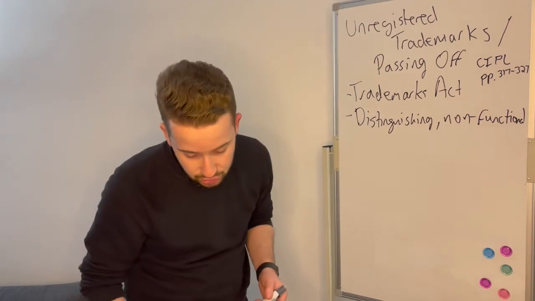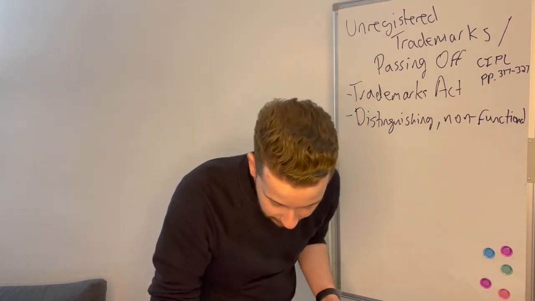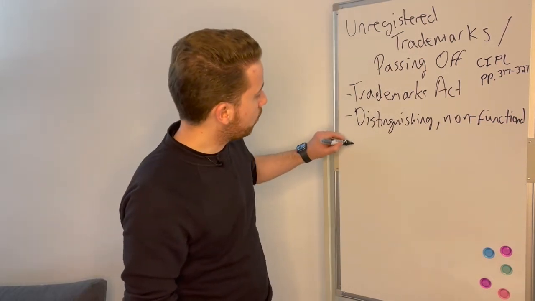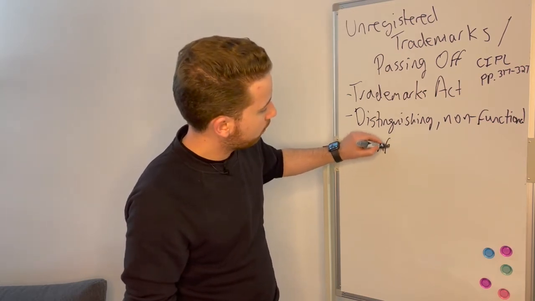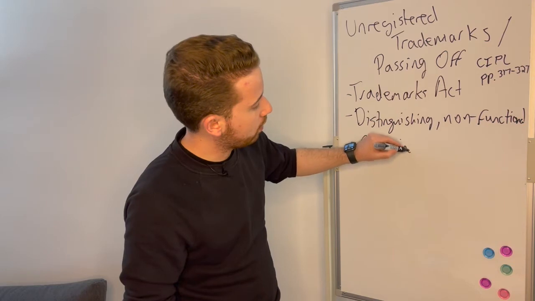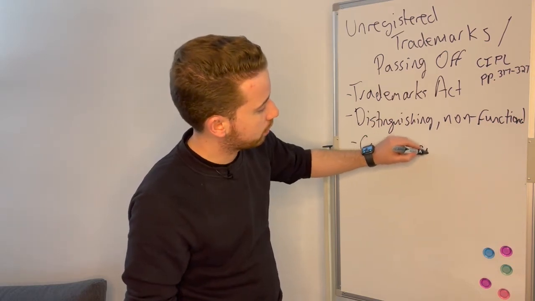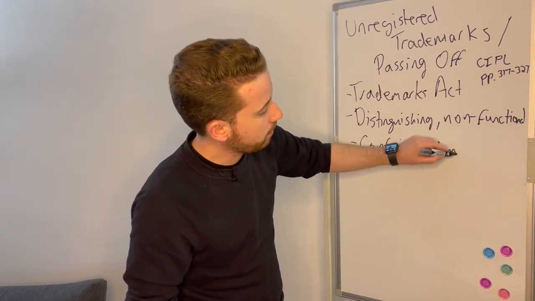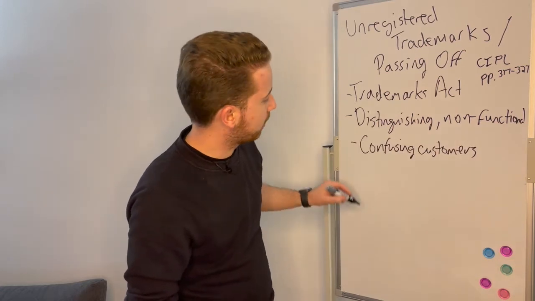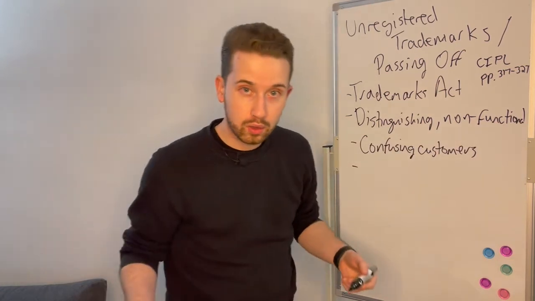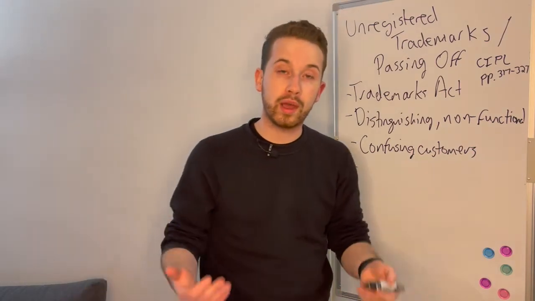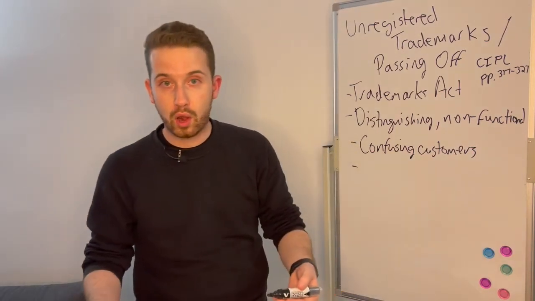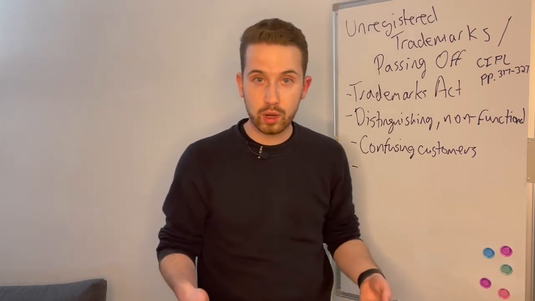And what's the rationale behind that? We'll say there are two. So first, we don't want to confuse customers. People should legitimately expect that when they go to the store and buy something and recognize it by its logo or by the series of colors on the packaging, it's actually what it is.